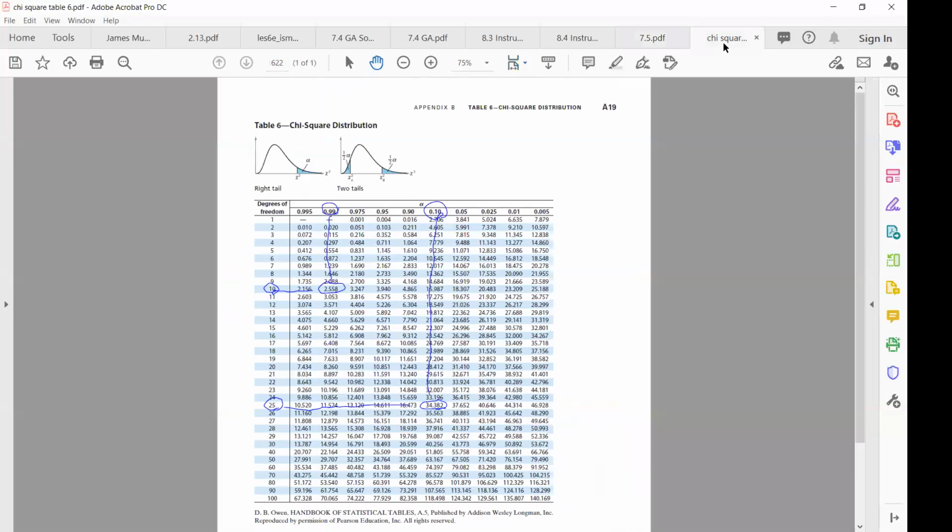8 and 0.025. So let me erase these two. Eight, 0.025, the intersection between these two gives you 17.535.